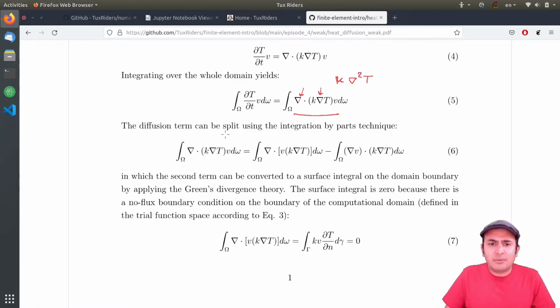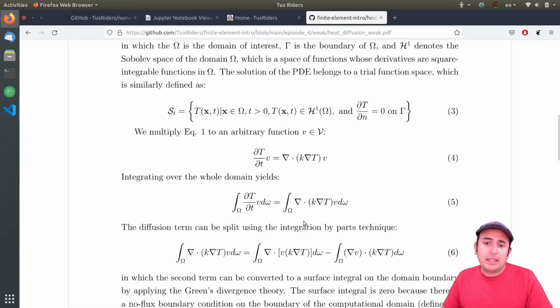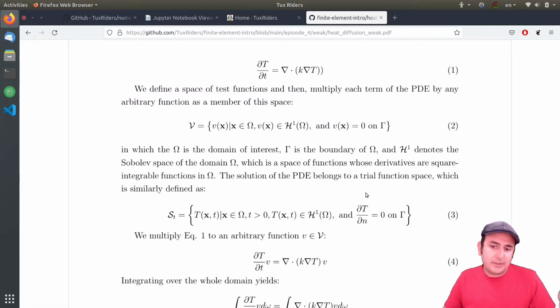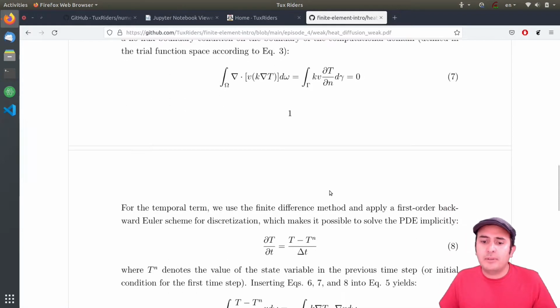And then we need to do the integration by parts, removing these things. These are the things that we discussed. And then we use the Green divergence theorem to convert from a volume integral to a surface integral. We know that this is 0 based on the properties of the space that we had, the properties of the trial function space.